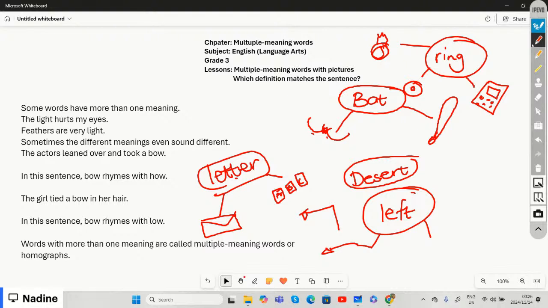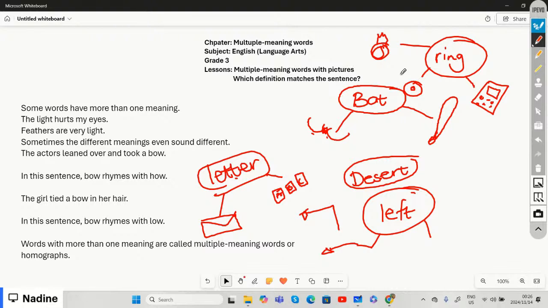All right. So these are words with different meanings, and that is why our chapter is multiple meaning words. Words with more than one meaning.